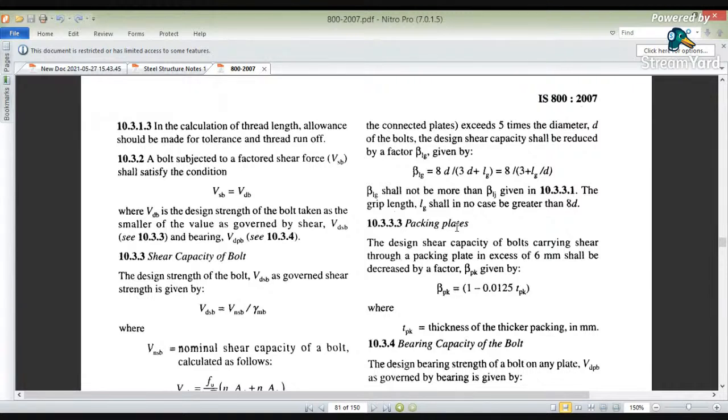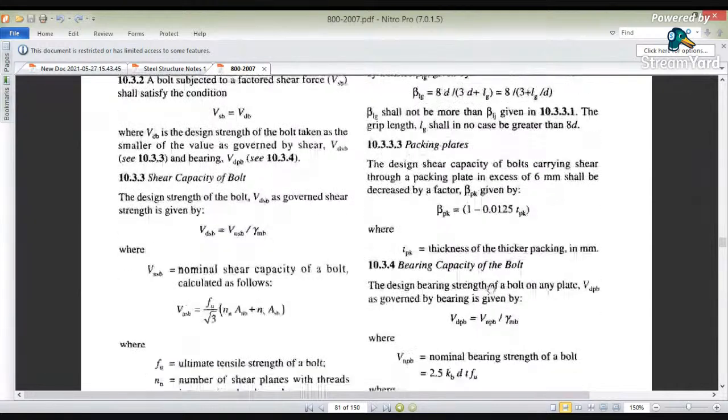Packing plates: if the packing plate thickness is more than 6 mm, the design shear capacity of bolts carrying shear through packing plates in excess of 6 mm shall be decreased by the factor beta Pk, given by this. Again, these are the three reduction factors. We will see one by one in problems how to find out these reduction factors and where they are used. So number one, while finding the bolt value, first we have to find the shear capacity of the bolt. Next, we have to find the bearing capacity of the bolt.